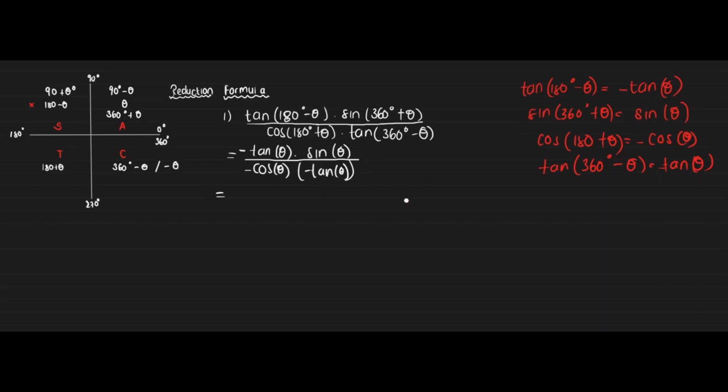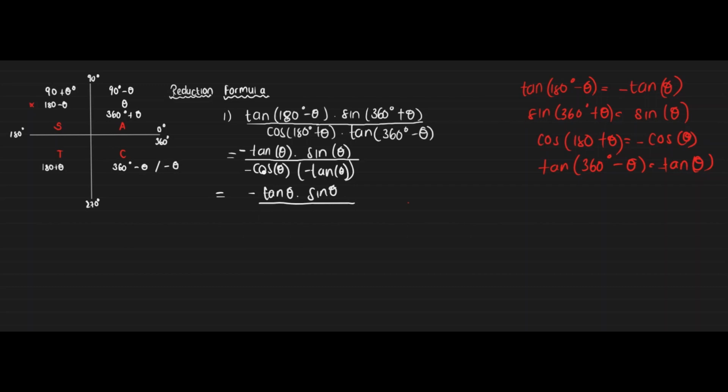So now let's simplify this. When we simplify this, we're going to multiply the numerator and denominator. A negative tan theta multiplied by sine theta is going to give us negative tan theta sine theta.